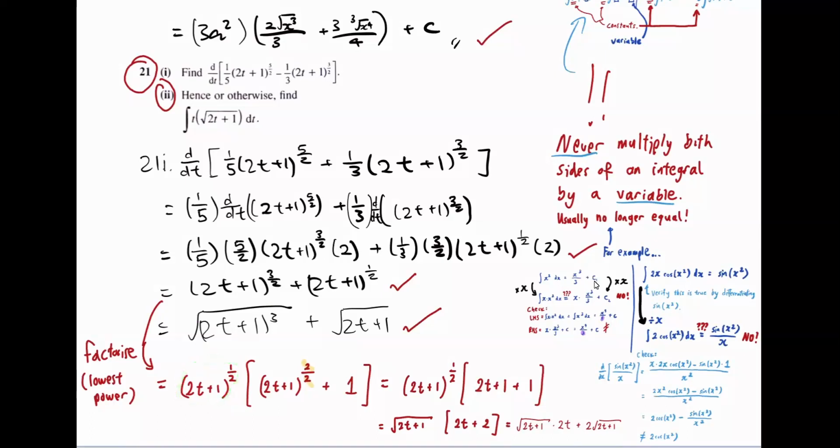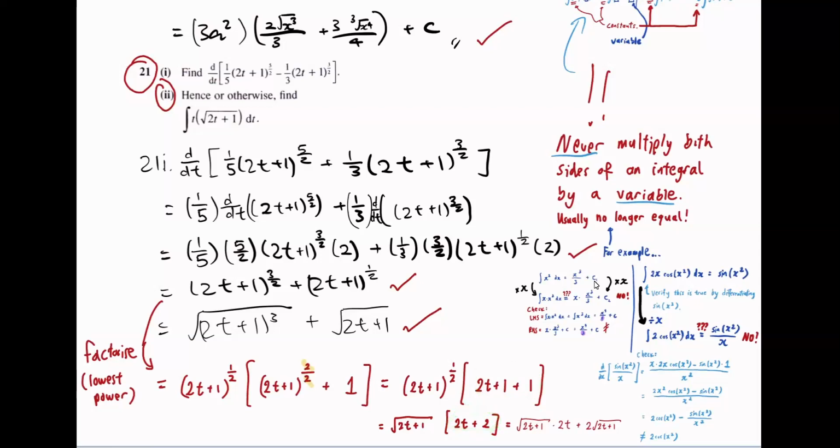This means that you end up with 2 over 2 instead, and for the other term, it will be a plus 1. But 2 over 2 cancels away, which will give you power 1, so you can just drop the power. So you're left with 2t plus 1 plus 1, which is 2t plus 2.